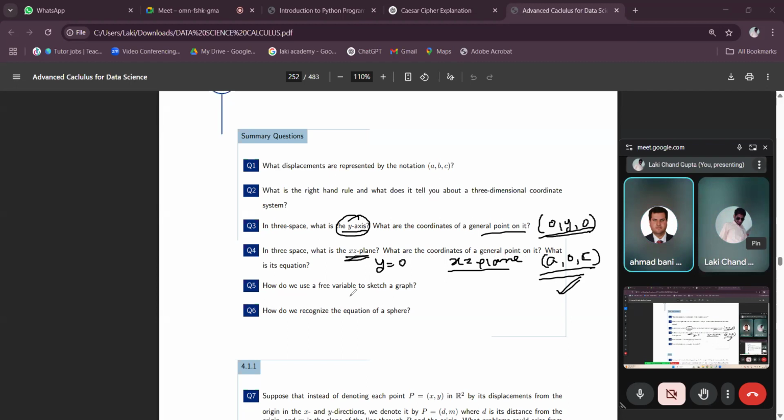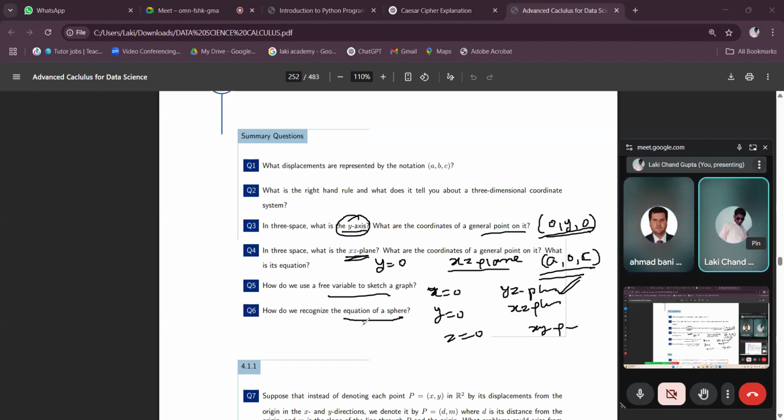How do we use a free variable to sketch a graph? Nothing. Put x is equal to 0, we get the yz plane, right? Xy plane. Sphere.